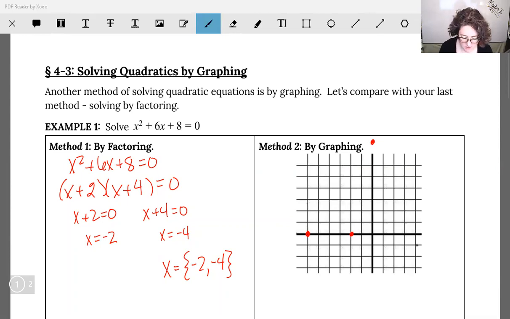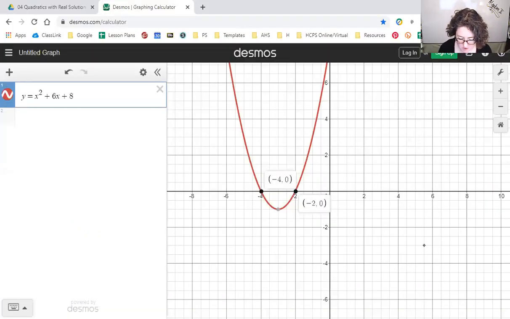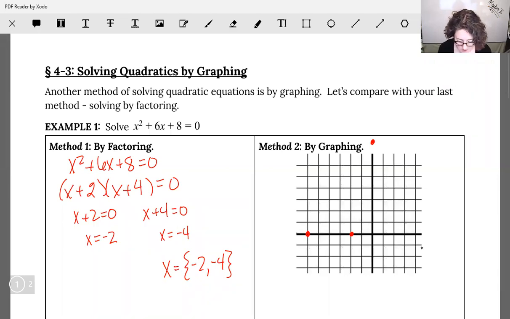And actually, let me go back to Desmos. We had our vertex at (-3, -1). It's always a good idea to note that down. So (-3, -1). -4 is here, and so here is our graph.